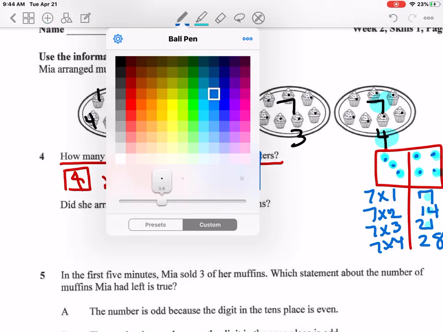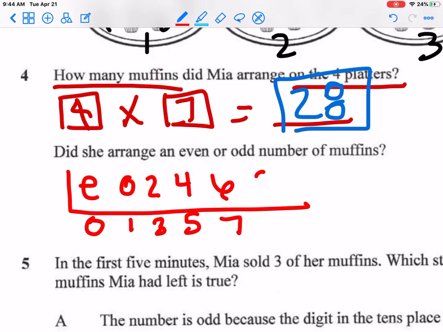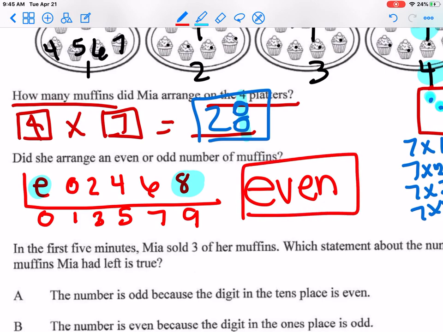I can start with my Leo. 0, 1, 2, 3, 4, 5, 6, 7, 8, 9. I look at my ones place. That's the number 8. I find it on my Leo, and it is even. 28 muffins on the 4 platters, and the number 28 is an even number.